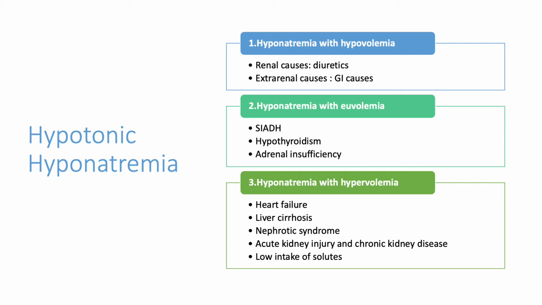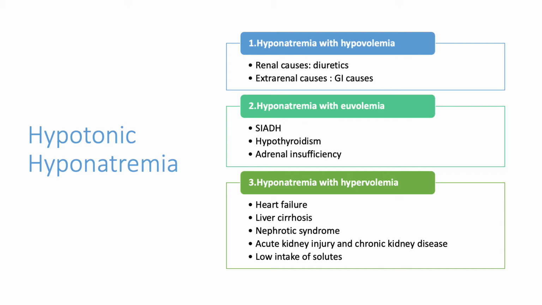Okay, they have excess water. Now, hyponatremia with hypovolemia, we see that all the time. It can be due to renal causes, diuretics. And this is so common. Patients come dehydrated because of diuretics and they're hyponatremic and their volume status is low, meaning they're dehydrated. Extrarenal causes, GI causes, also very common, vomiting, diarrhea.